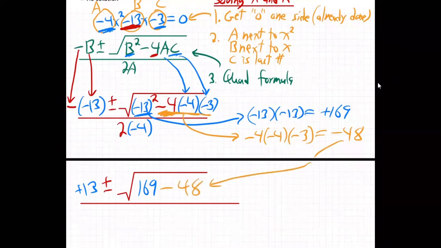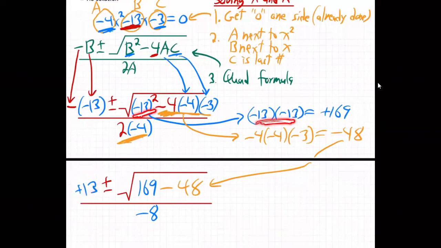We good? What's on the bottom? 2 times negative 4. That's easy, negative 8. How are we doing? See how I'm working out those numbers? Just carefully, using my calculator, looking closely at the pluses and the minuses. 2 negatives here made positive 13.